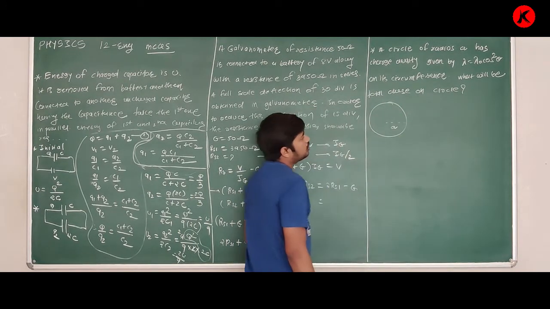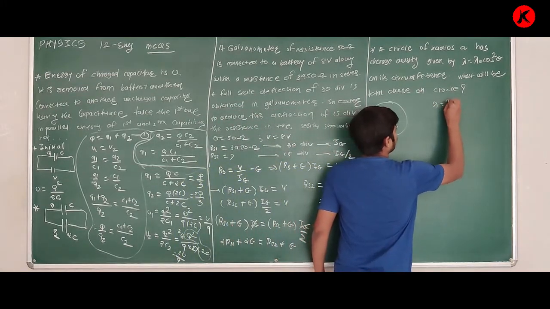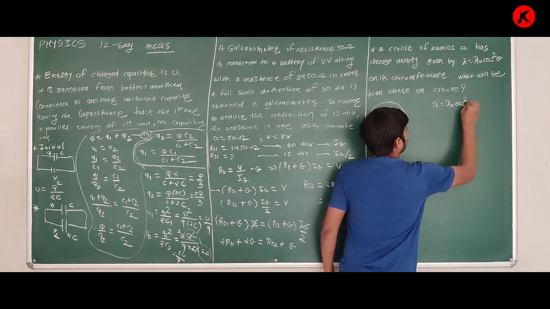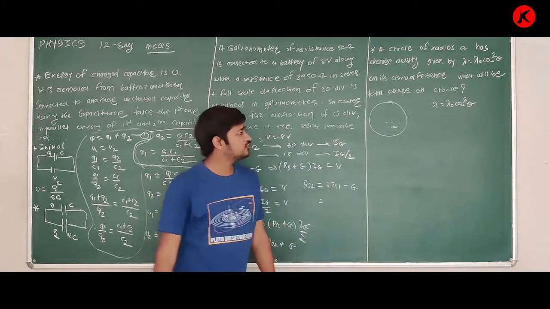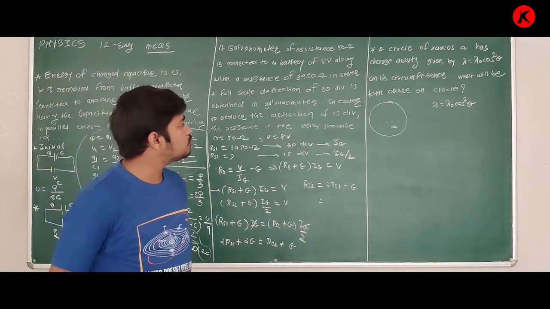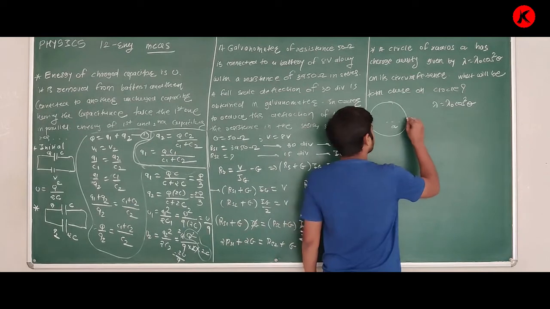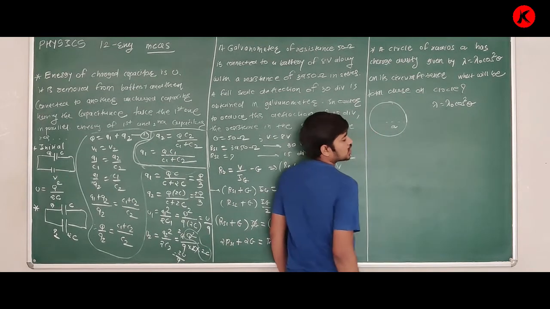Radius A. You are given the charge density lambda is equal to lambda 0 cos square theta. You have to find the total charge on the circle. First of all, I am taking a small element on this circle because lambda is not constant.